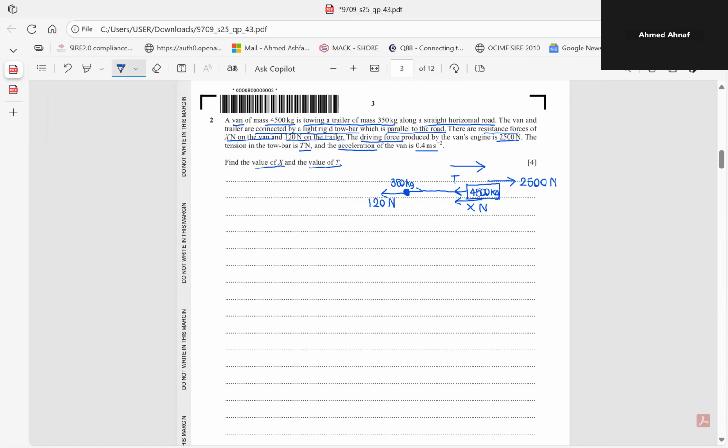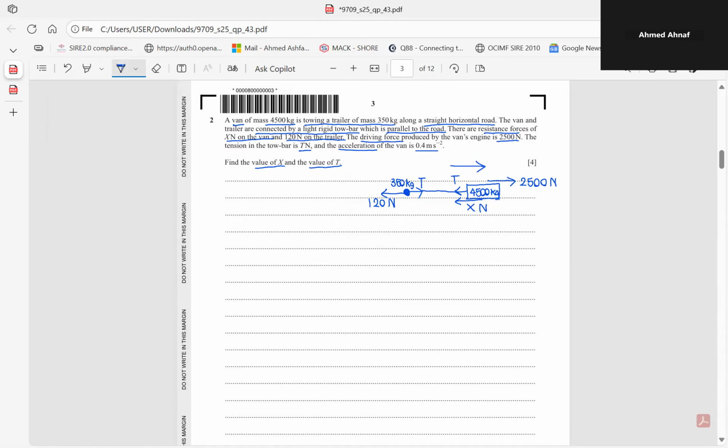Here, the tension would be acting in the opposite direction. The reason we do this is to consider the trailer and the van as separate bodies so that it would be easier to calculate the forces. And since these forces have the same magnitude and opposite direction, they are an action-reaction pair. So the resultant force is zero, and there's no overall effect by these forces on the system as a whole.